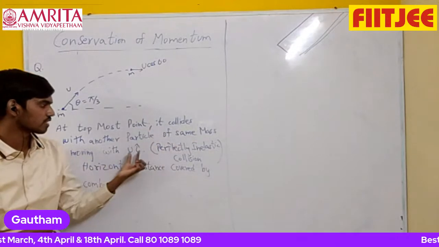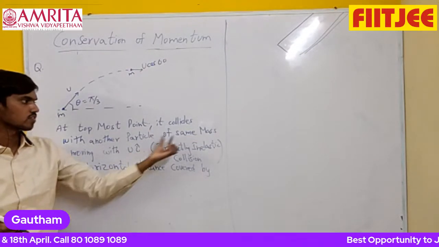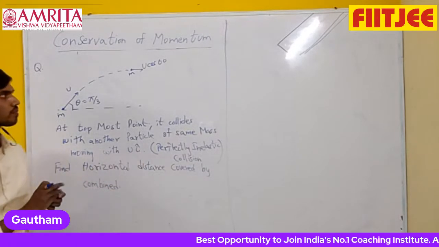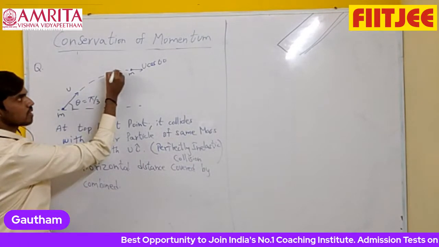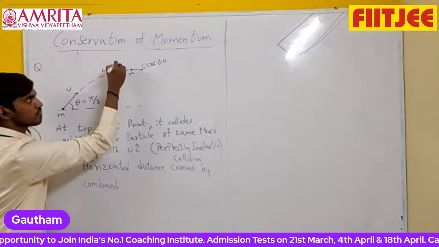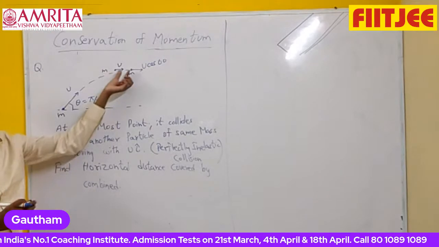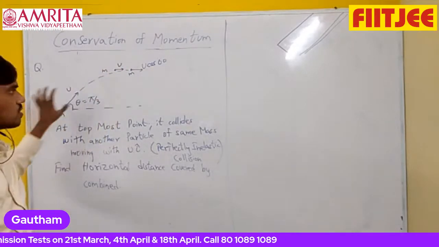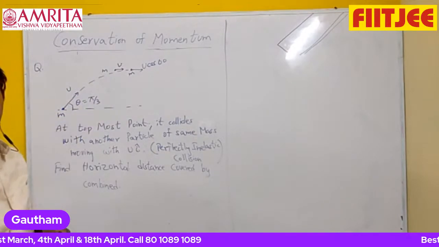Now it's colliding with another mass which is having same mass and initial velocity u I cap. So this is colliding with another mass at the topmost point. It is moving with the speed u. So both are colliding. So this is the scenario just before collision by using information about projectile motion.